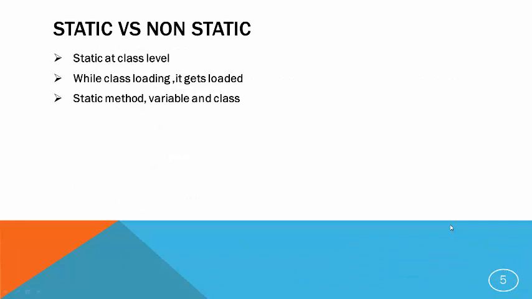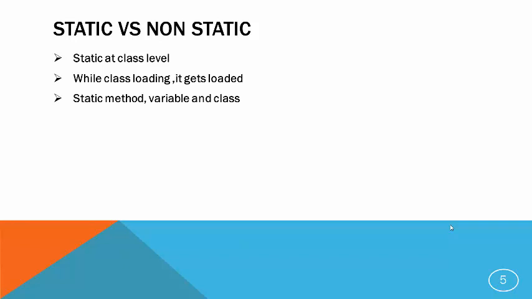Let's talk more about static versus non-static. Static is basically when you load a class, all the static members of the class will be loaded at the time of class loading, so that you can use them. As I said, it will be available at the time of loading. So there is no need of instantiating the class, no need of creating the object to use those variables or methods.